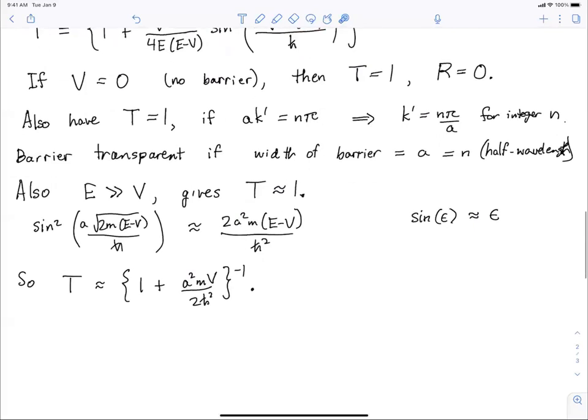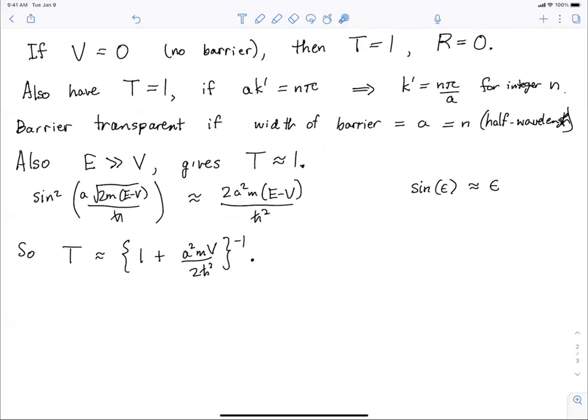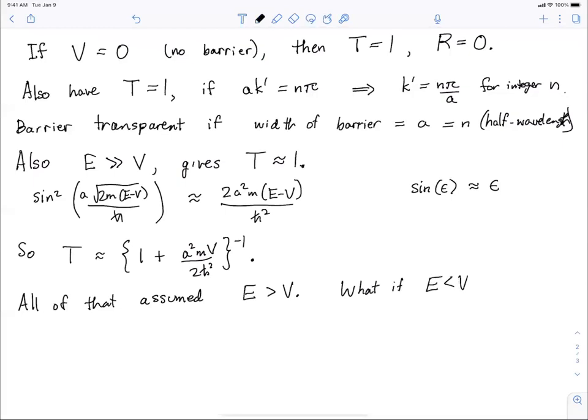And so I should think about that situation separately. So let me write here: all of that assumed energy greater than barrier height. And now we can ask, what if it's not? What if the energy is less than the barrier height?